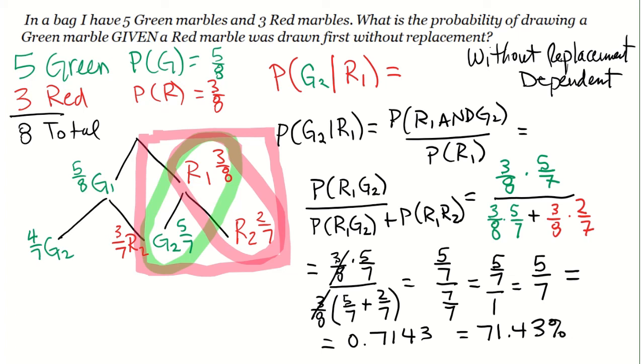So that tells me that if I'm given a red marble on the first draw, I have a 71.43% probability that I will be able to draw a green on the second draw. So this is how we do conditional probability using tree diagrams.